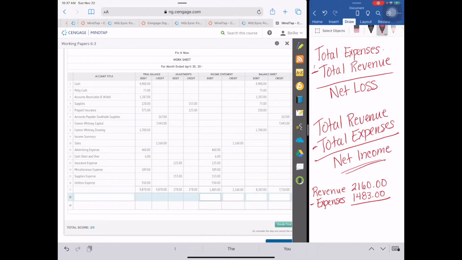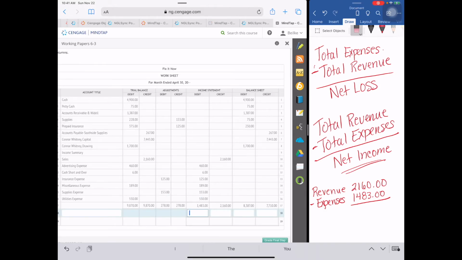And we will be figuring out our net income or our net loss. Once we subtract our numbers, we take $2,160 minus $1,483, and we come up with $677. That is the difference between our revenue and our expenses.